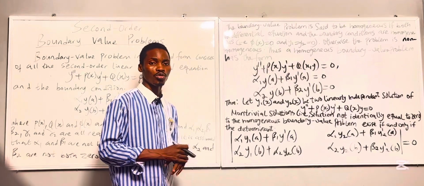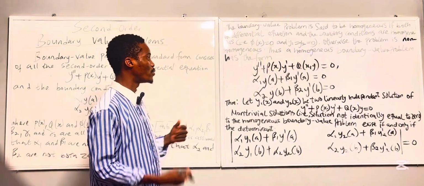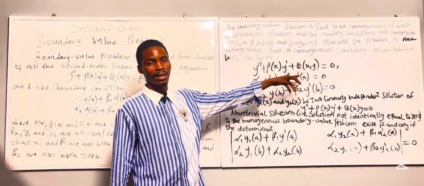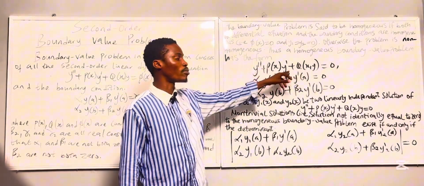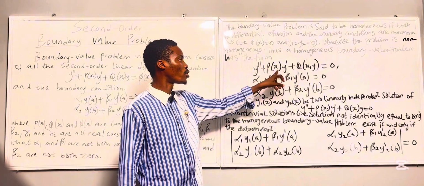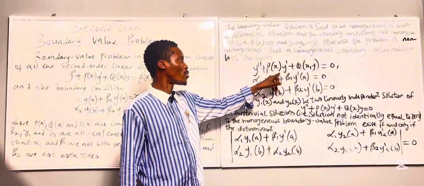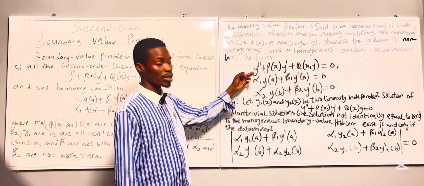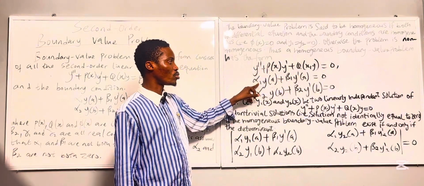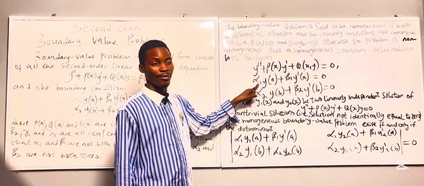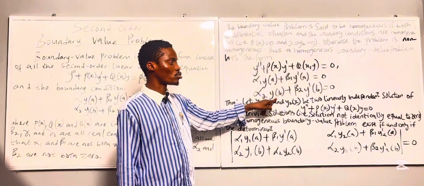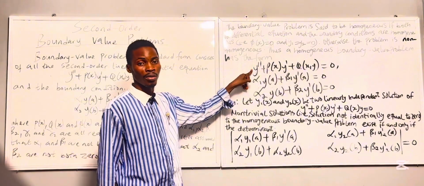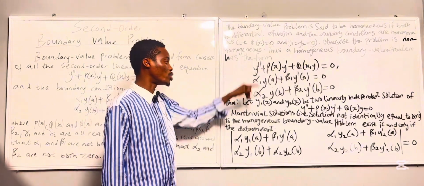If you want to solve a second order boundary value problem, it must be in this general form, with the coefficients of y prime and y, and you must be able to identify the boundary conditions.